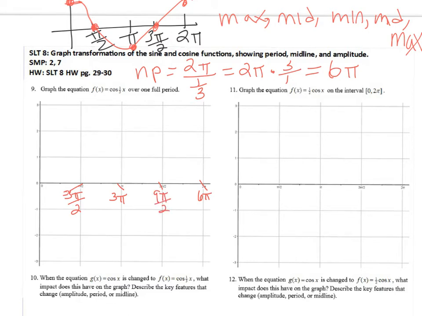So now we have our graph paper labeled for 1 full period, so we can graph with this. Oops, I started in the wrong spot. It's a cosine graph now. So now we can graph with this change of period on this graph paper.